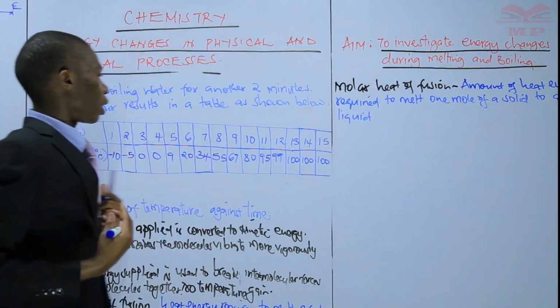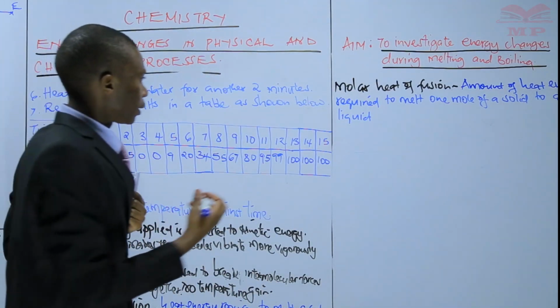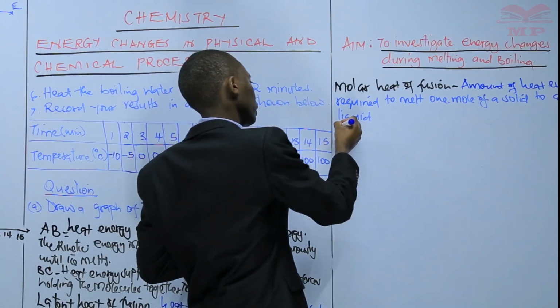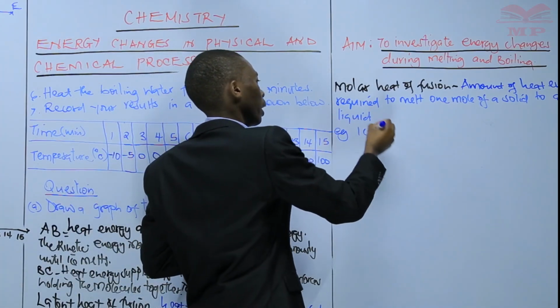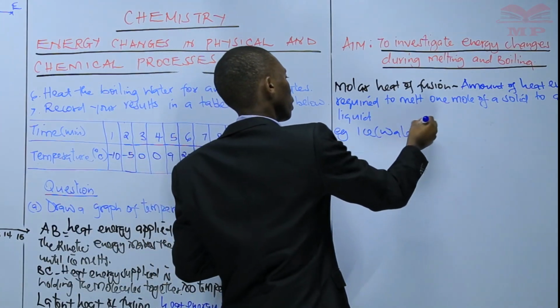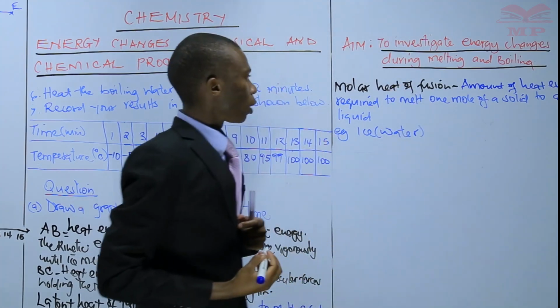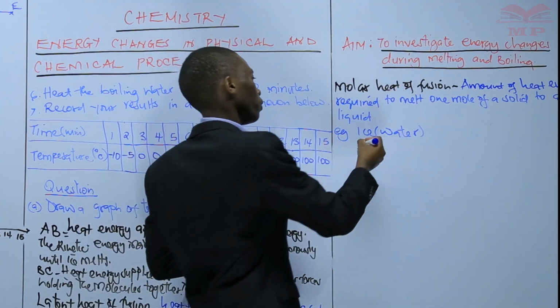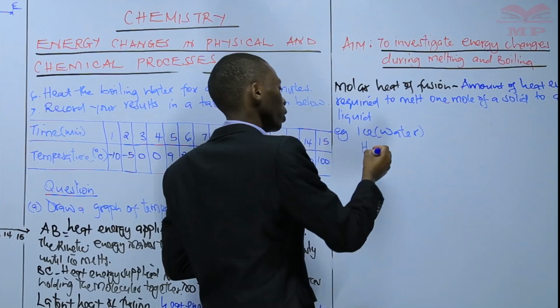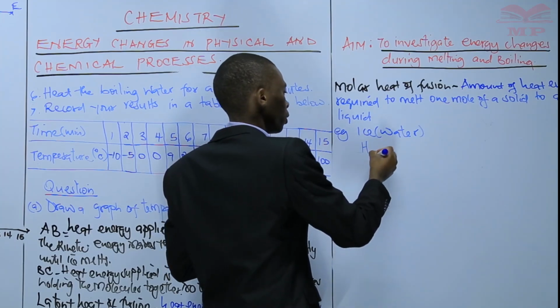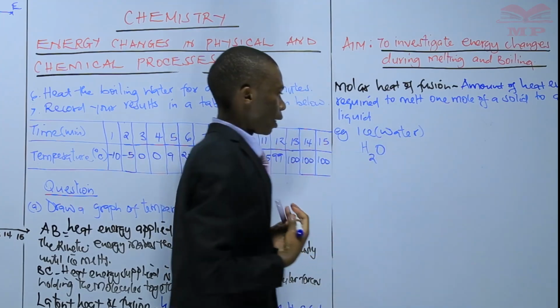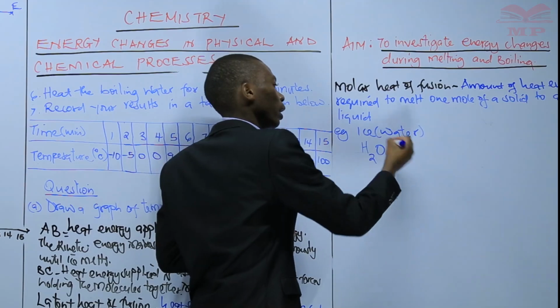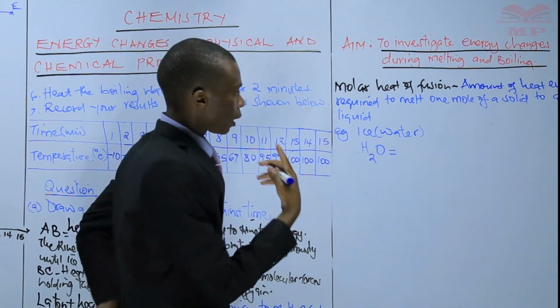For example, we have ice. Ice is just water. So for 1 mole of ice, the relative formula of water is H2O.